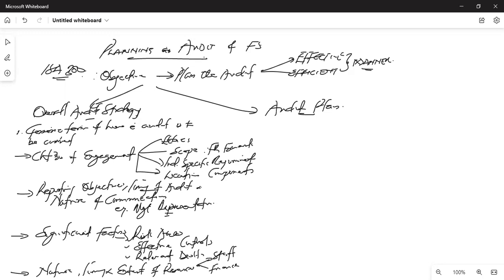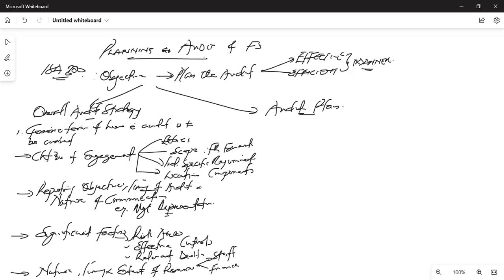I actually saw a past question that said ISA 300 talks about the objective of planning an audit and mentions two documents, the overall audit strategy and the audit plan. Spell out the things that will be discussed in the overall audit strategy and the audit plan.